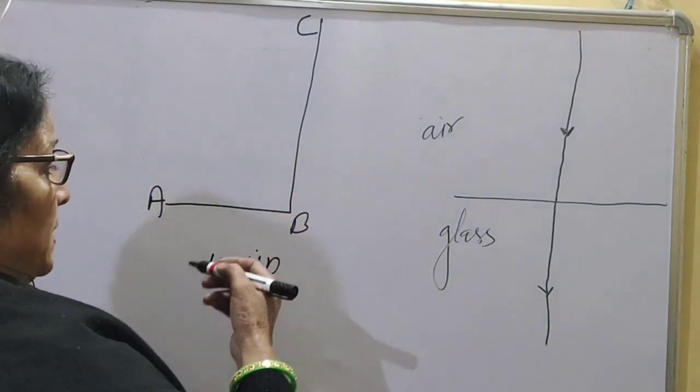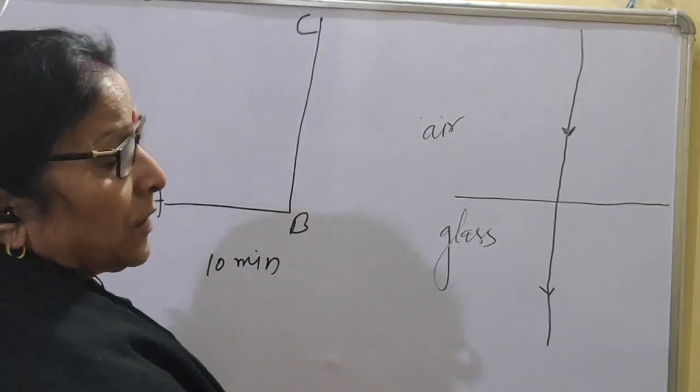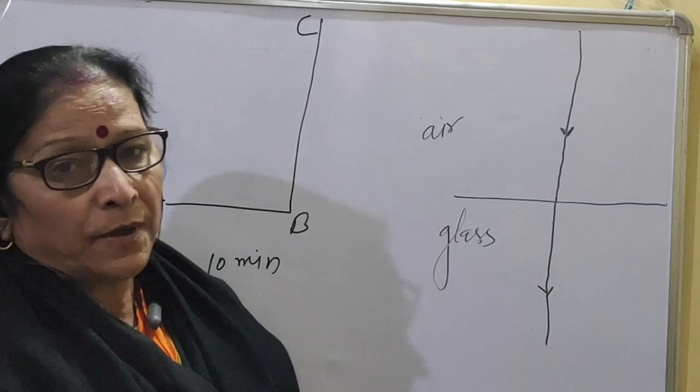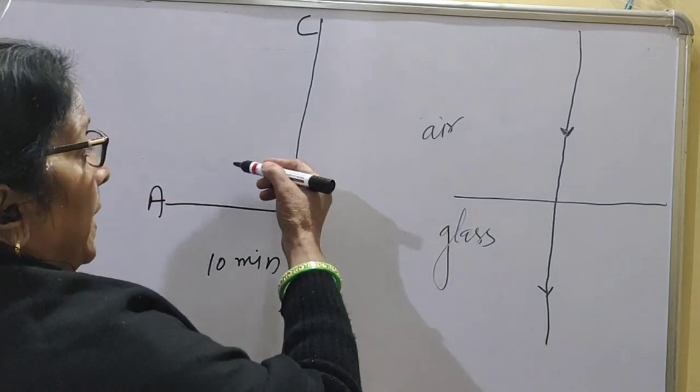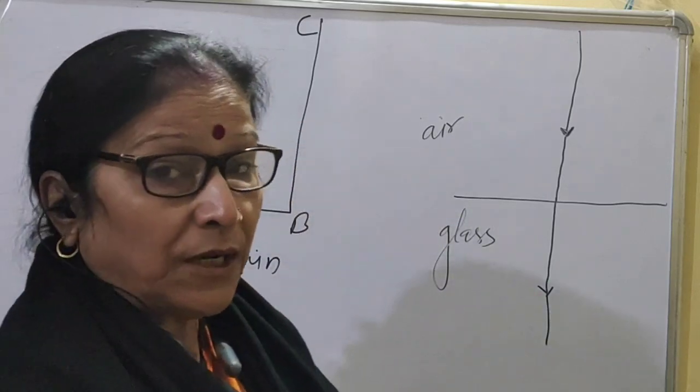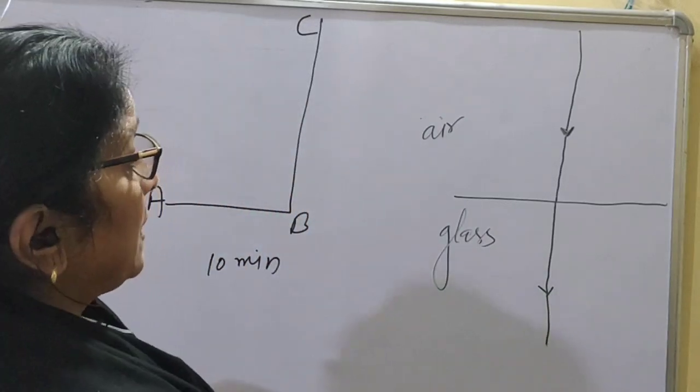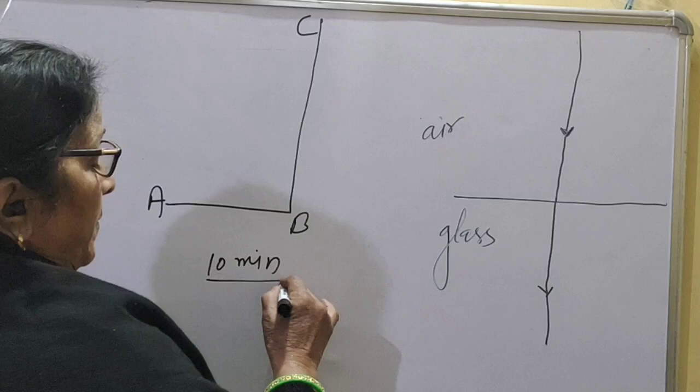But here there is water on the road. I cannot walk with my normal speed. So what will happen? I will try to cheat. I will try to take a shortcut path so that I can reach C in 10 minutes.